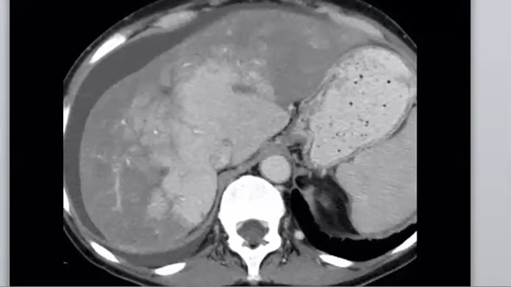Then this one, which is very common in the exam and also in practice, when you find this appearance of the liver: geographic. Budd-Chiari syndrome. Budd-Chiari is an obstruction, with flip-flop enhancement, nice.